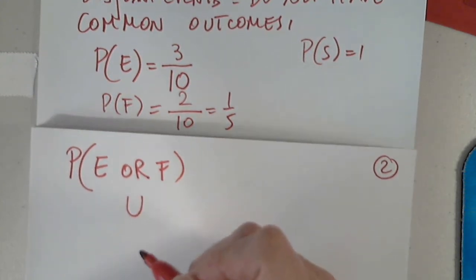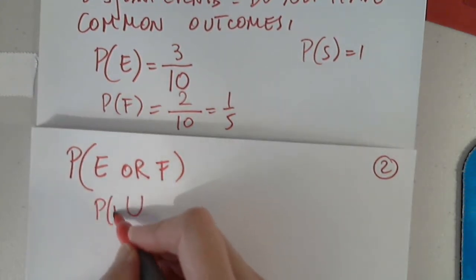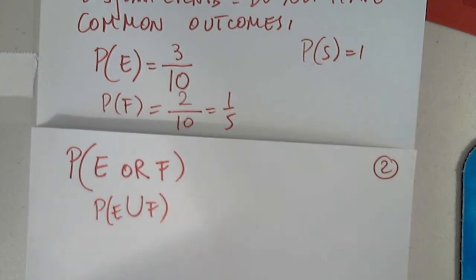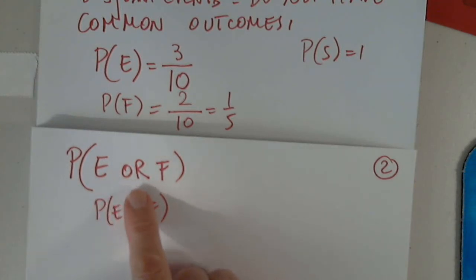I'm sure you remember this from algebra. So either you write E or F, or E union F, same thing.